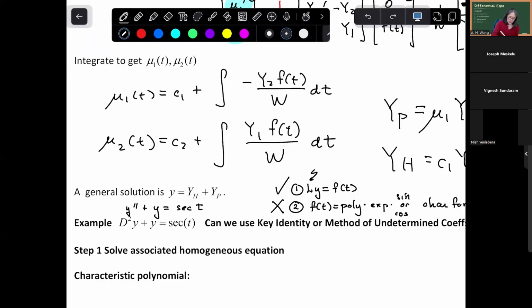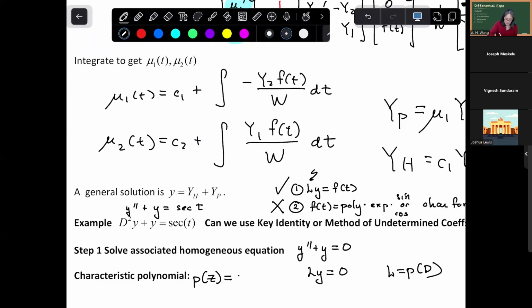Okay, so we're going to first solve the associated homogeneous equation. So this is going to be Ly equals 0. Can somebody tell me what P of Z is, so that L equals P of D? That's going to be z squared plus 1 equals 0.